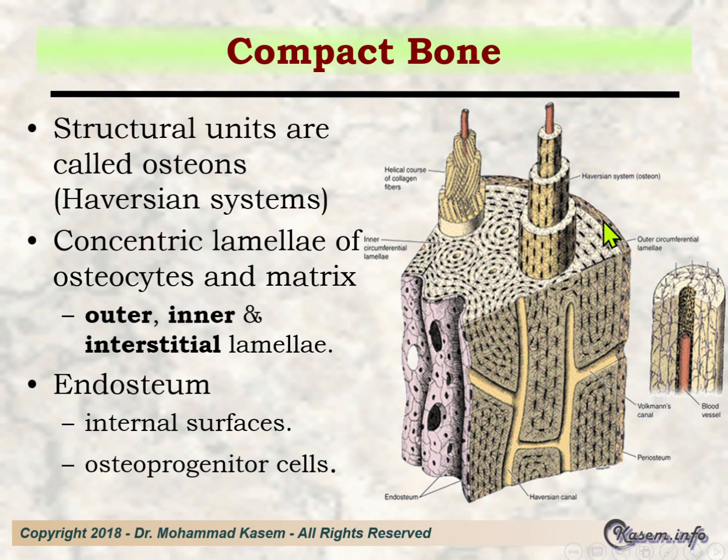The periosteum is the analog of the perichondrium. We have talked about the perichondrium in the cartilage lecture. And this one is the covering of bone, similar to that of the cartilage.